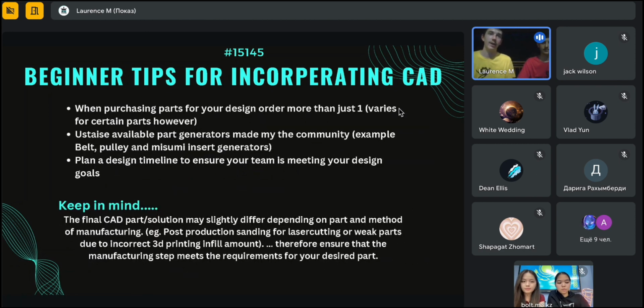Or in 3D printing, if your infill is not the correct infill for your specific type of part, it might be weaker. Things like that in the manufacturing step could make your final product different to what you had in mind. So it's really important to know what manufacturing process you're going to use to create your part.